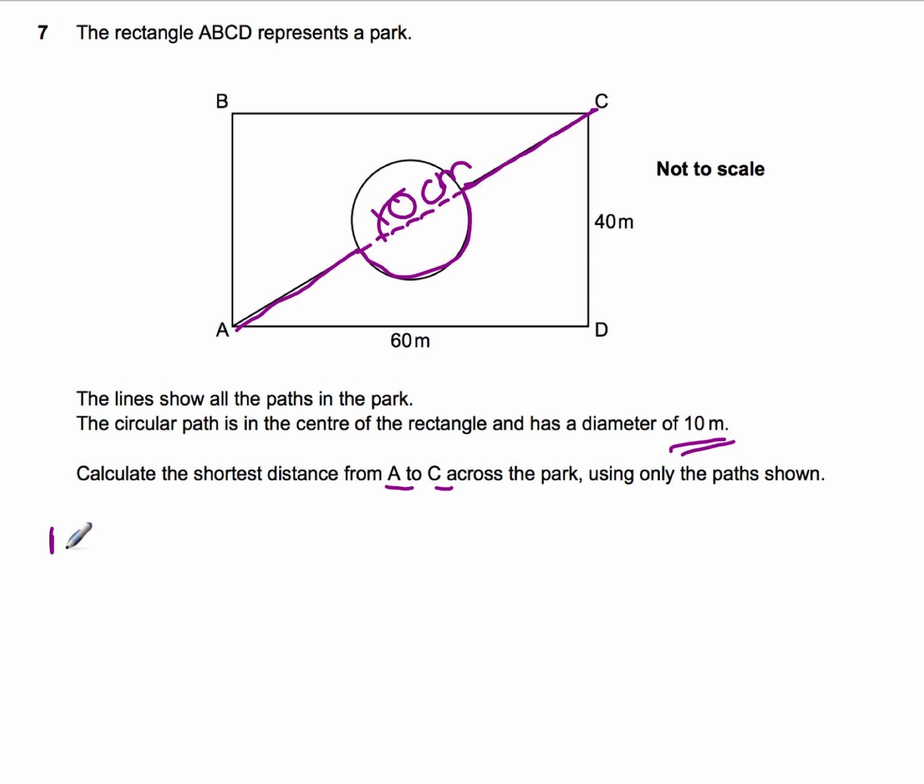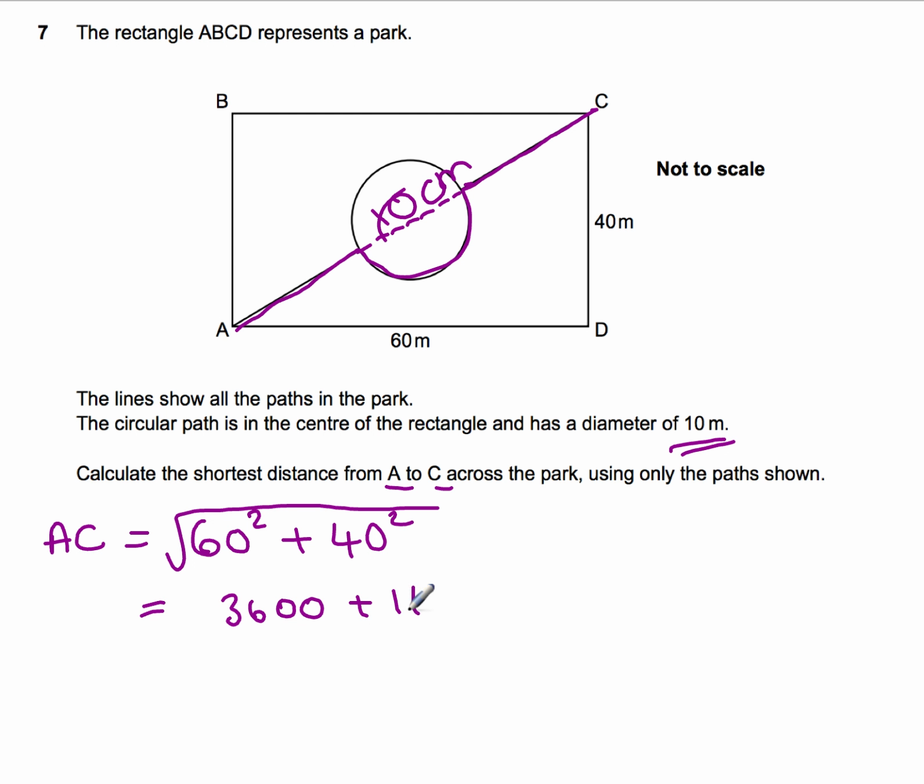Now, if I wanted to work out the distance of AC, I would use Pythagoras' theorem, where I would take 60 squared plus 40 squared, and then square root my answer. So let's work that out. So 60 squared is 3,600, and this is 1,600, and then we're going to square root it to tell us the distance of AC.